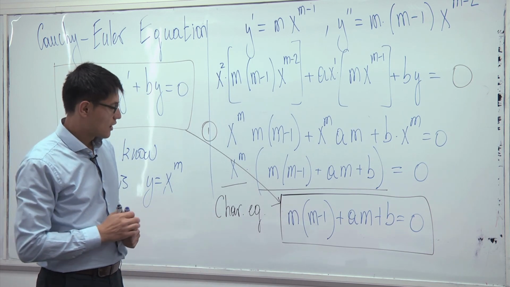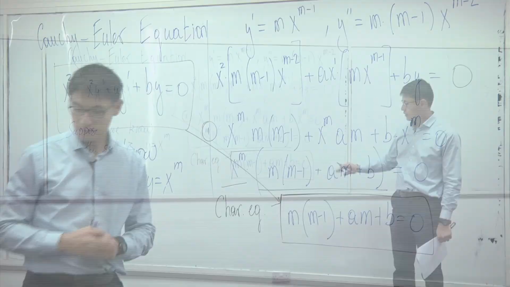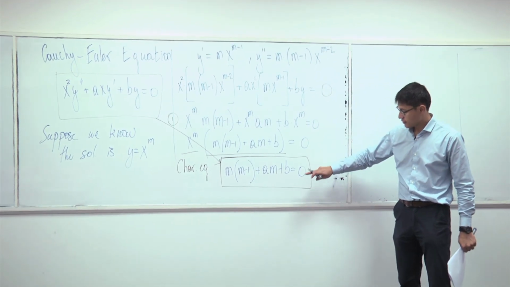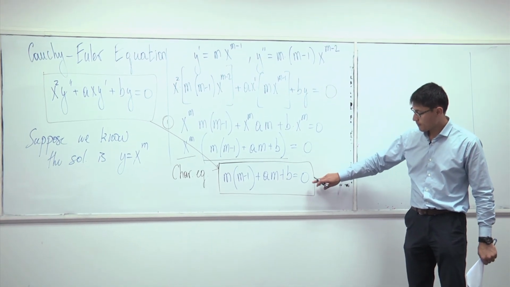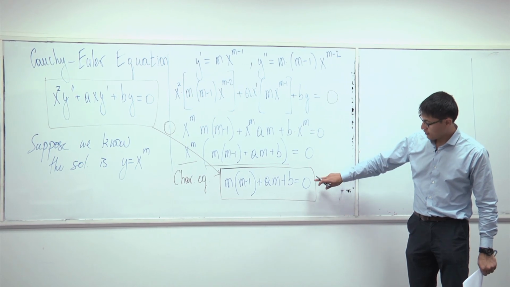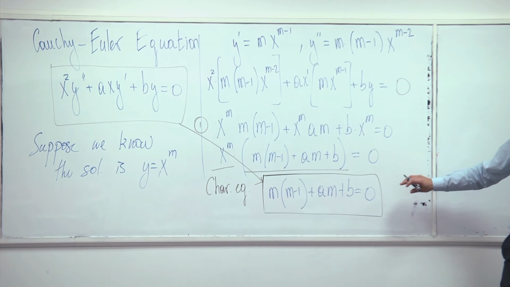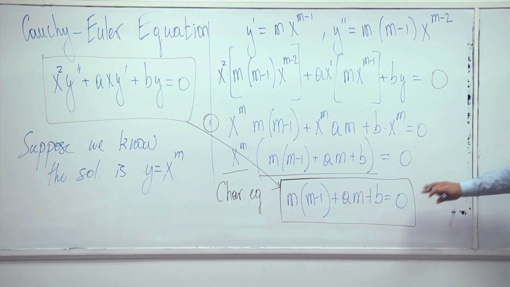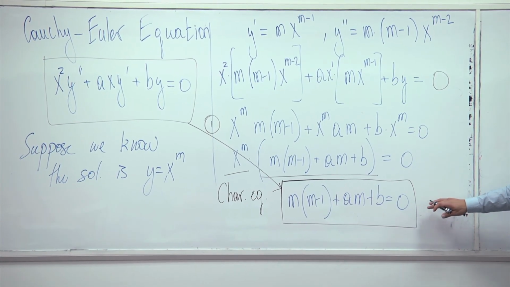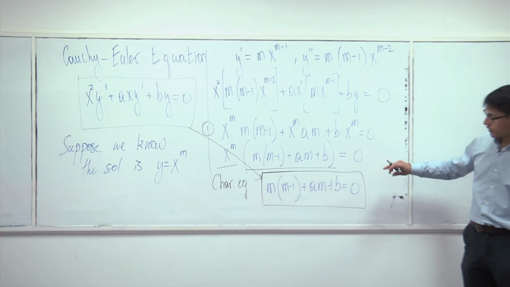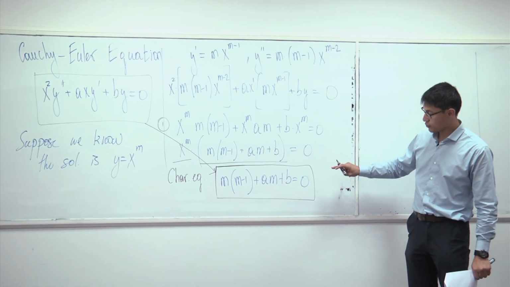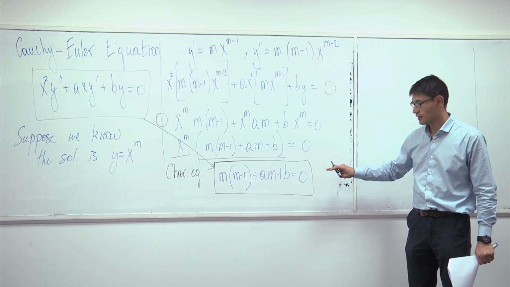All right, let's look at the example. So when we solve this characteristic equation, because this is a quadratic equation, there are 3 things that can happen in terms of the roots of this quadratic equation. The first case is when you get 2 real roots which are distinct.